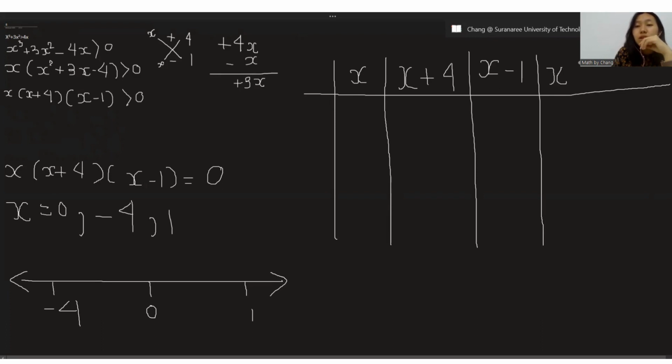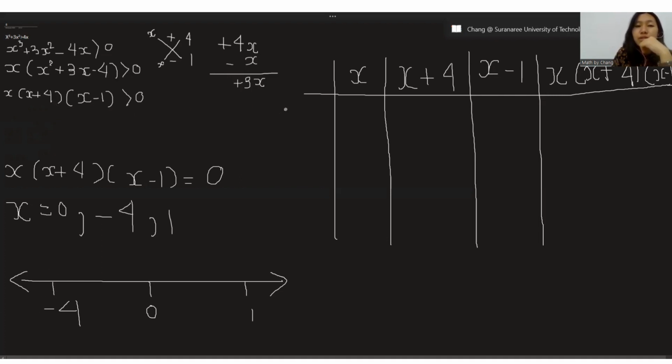As with the previous video, you just need to consider the sign, positive or negative. According to the problem, when you multiply x times x plus 4 times x minus 1, the value of these three multiplied must be greater than 0, right?